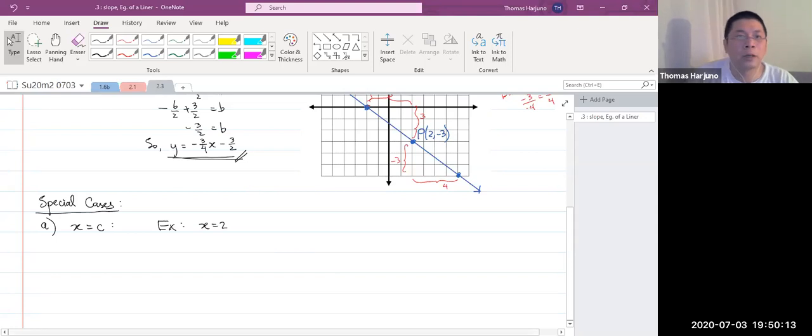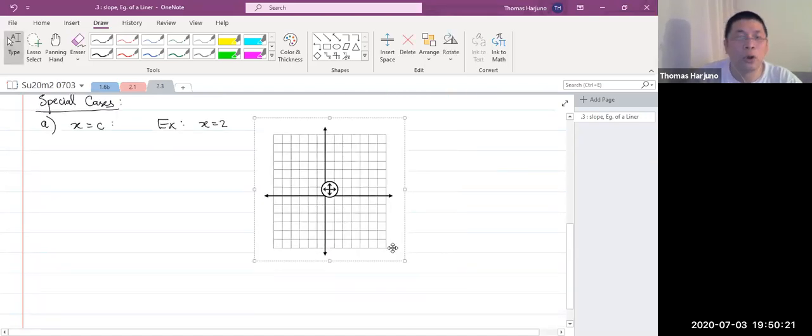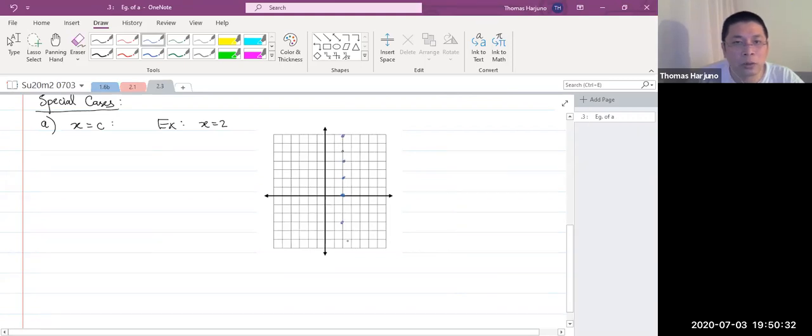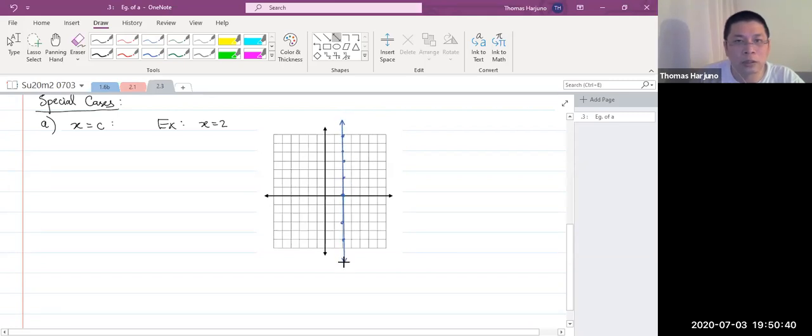X equals to 2 refers to all the coordinates where the x equals to 2, as long as x equals to 2, right? Now, that refers to the lines that look like this. This is the line x equals to 2.